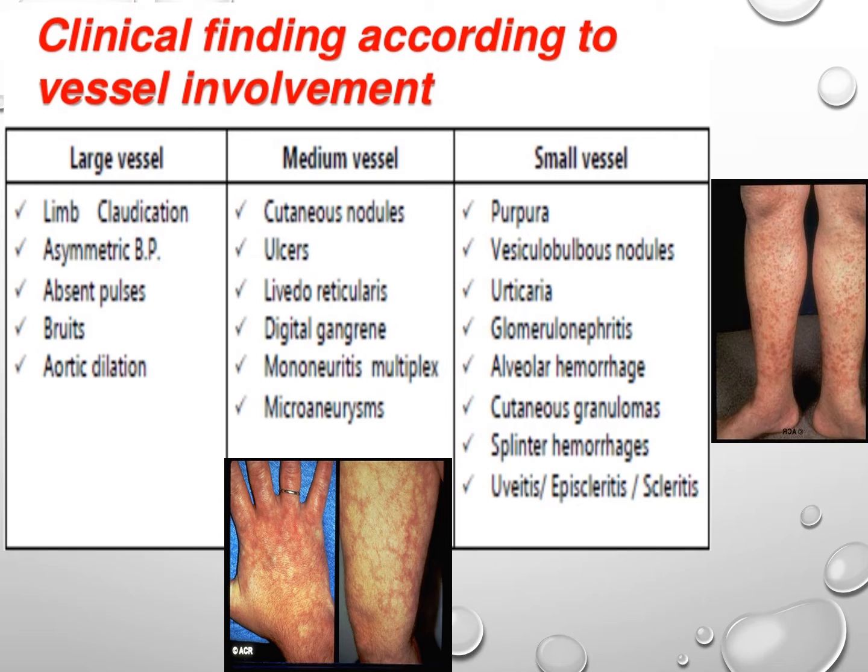Finally, if my patient has something related to the small vessels, like skin purpura, vesiculobullous nodules, urticaria, or the kidney like glomerulonephritis, lung-related alveolar hemorrhage, cutaneous granulomas, splinter hemorrhage, uveitis, and episcleritis, I will think mainly about small vessel vasculitis. So it's important to categorize your patient, and accordingly you can limit your differential diagnosis.